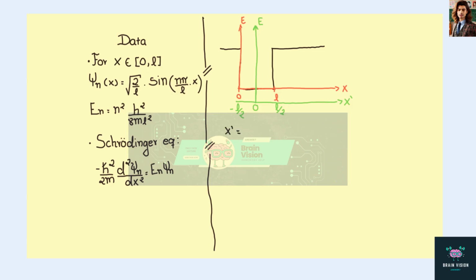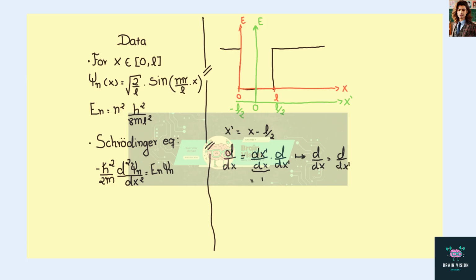x prime is nothing more than x minus L over 2, right? Then it's very easy to see that d/dx is equal to dx prime/dx times d/dx prime. But we can see that dx prime/dx is equal to 1, because x prime is equal to x minus a constant. Therefore d/dx is the same thing as d/dx prime.